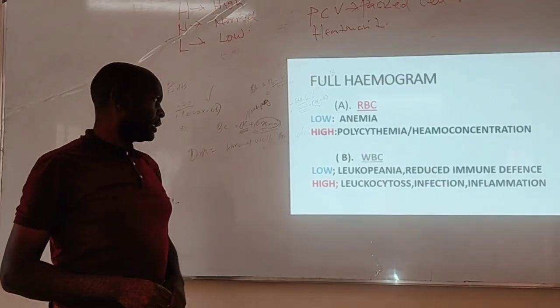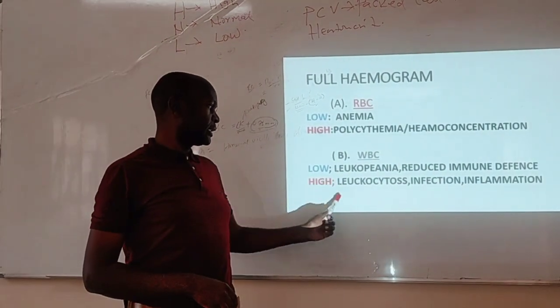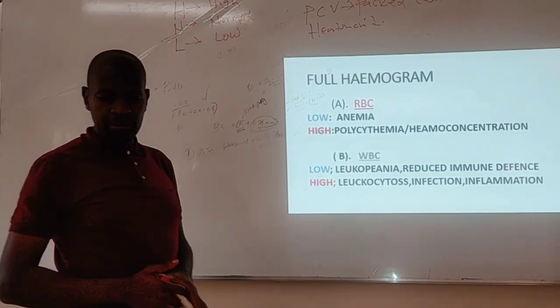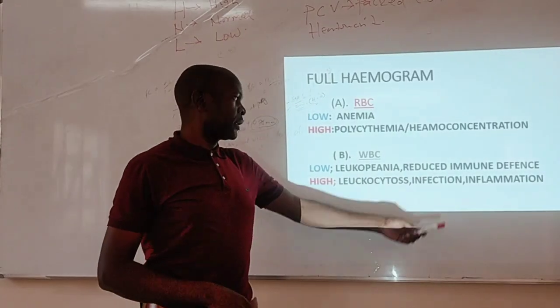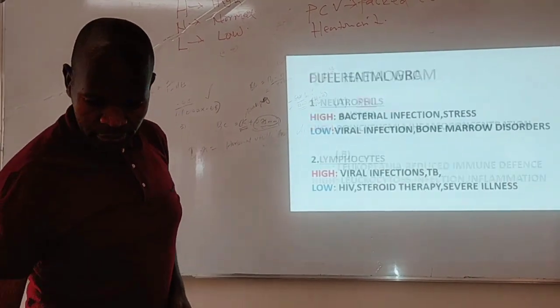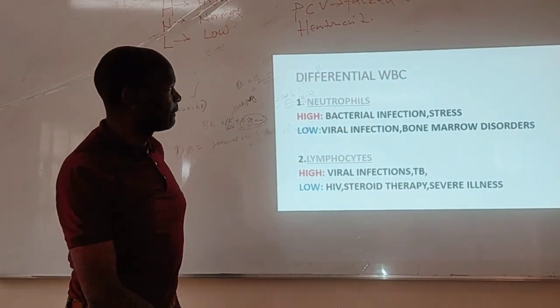Generally, when the white blood cells are high, this condition we normally refer to as leukocytosis, and it can be pointing to issues like infection, inflammation, among other conditions.